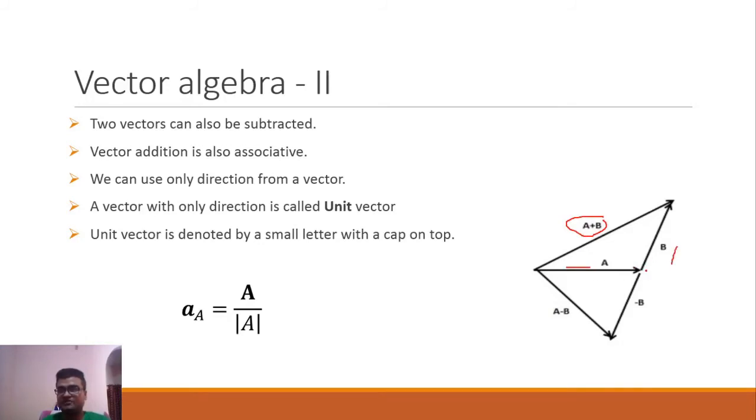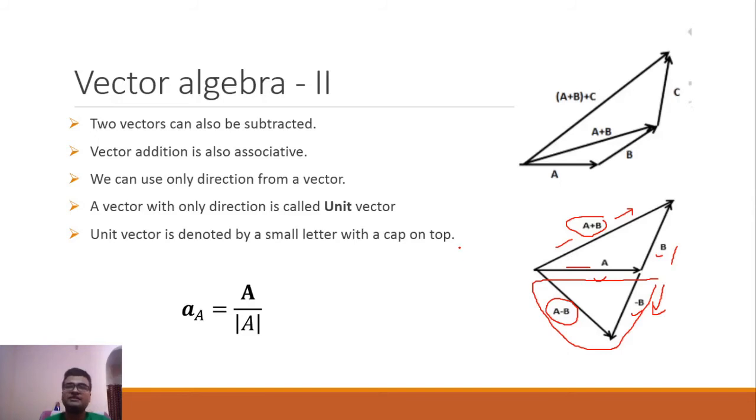Because the arrowhead of A joins the tail of B and they together specify some direction, and if you directly cross that direction using another vector, that vector will be called the addition of A and B. But if you change the direction of B, this B will be known as negative B. So if you try to add this A and this minus B, you are not actually adding them, you are subtracting them. So this lower triangle tells you about the subtraction of two vectors.